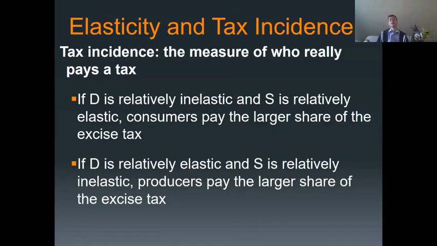So if demand is perfectly inelastic, then consumers pay the whole amount of tax. If supply is perfectly inelastic, then suppliers pay the full amount of tax. By the same token, if demand is perfectly elastic, then suppliers pay the whole amount of the tax. And if supply is perfectly elastic, then consumers pay the whole amount. So you do have to look at them both that way.